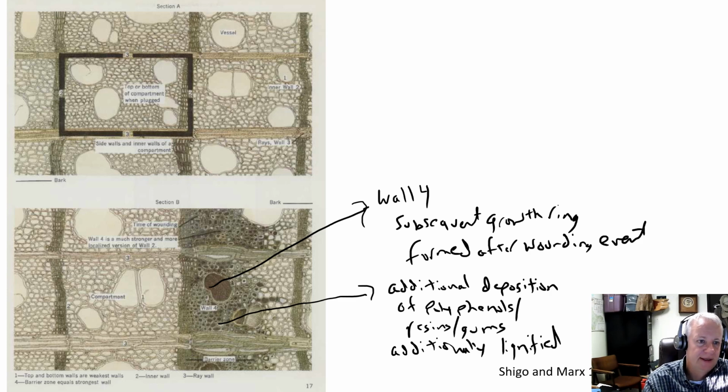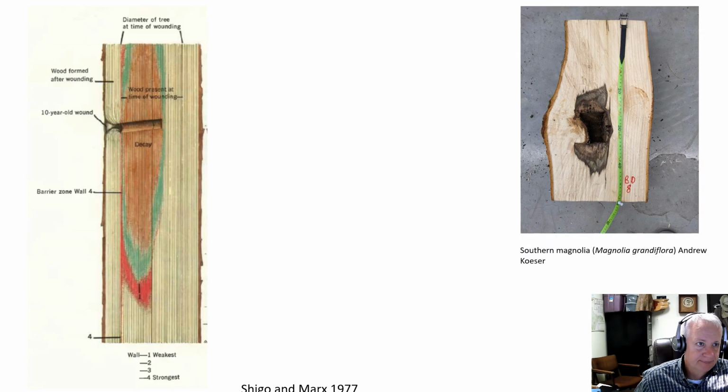Okay, so this is an induced response. So wall 1 and wall 4 are induced responses. And that wall 4 provides a pretty strong barrier to movement of decay.